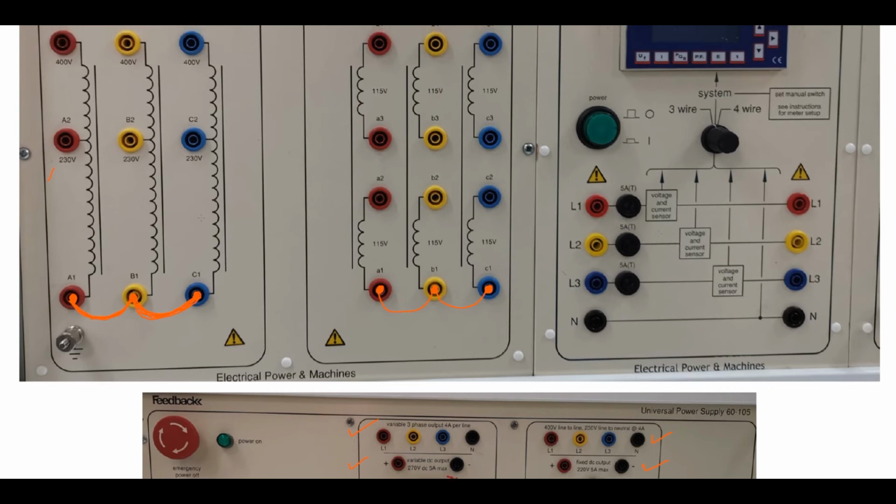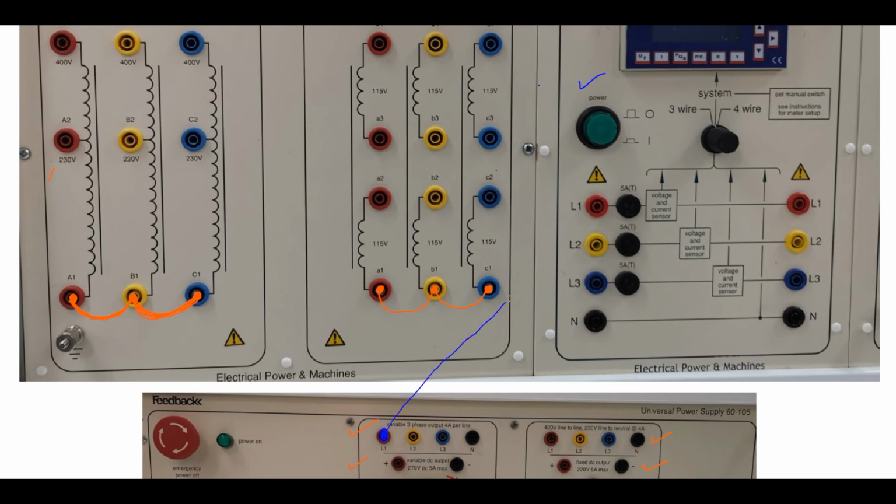Okay, so this wattmeter here has inputs, so line to line directly, 1 to 1 and 2 to 2 and so on. So we'll go from the line, that's the supply.